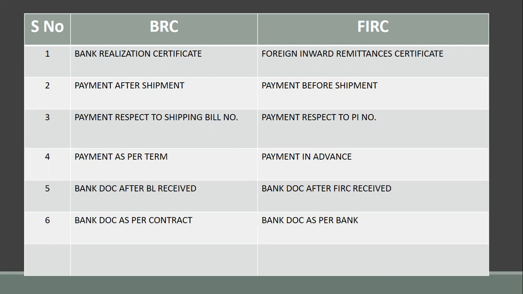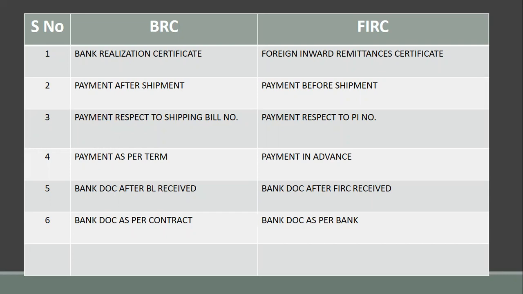Now point number five: BRC, bank documents after the BL is received. Generally, when we export goods, we receive the set of documents from the CHA, like the bill of lading from the shipping line and other proof of export, the shipping bill, and the invoice and packing list attested by customs. We need to submit these documents to the bank after shipment.